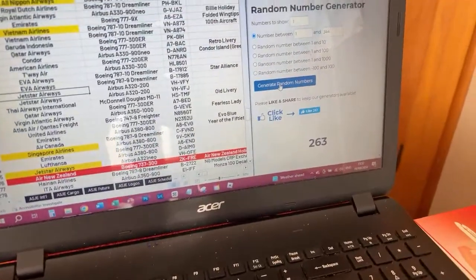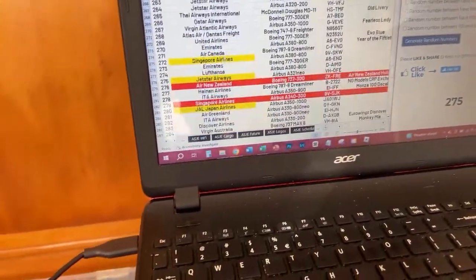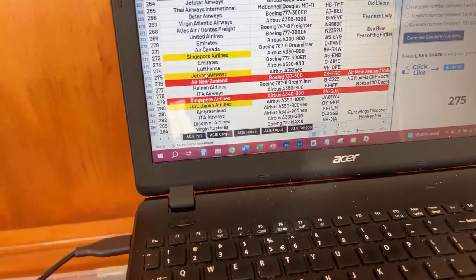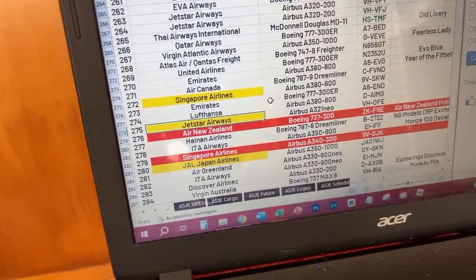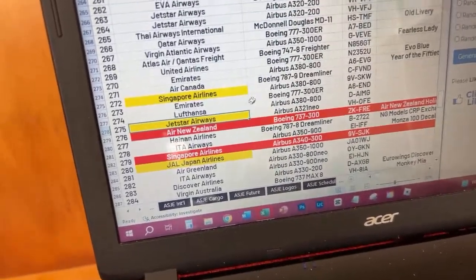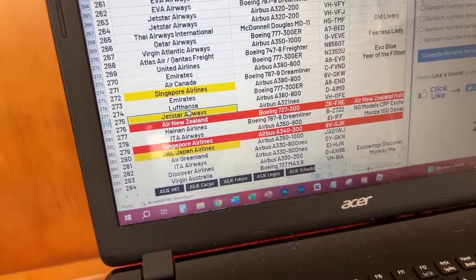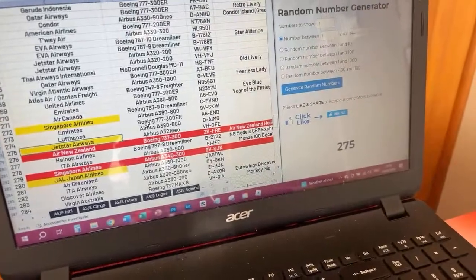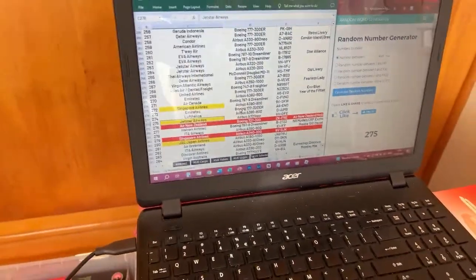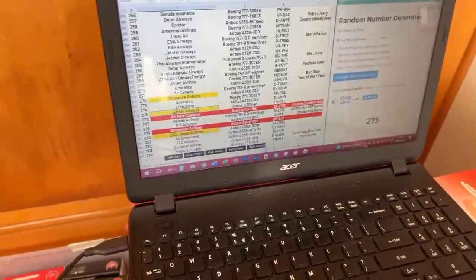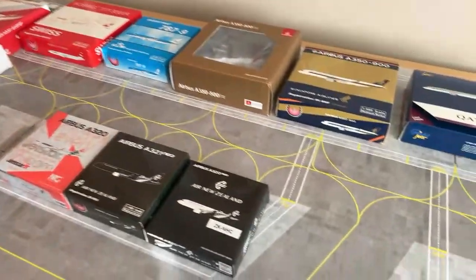So let's go ahead and pick out the next one. 175. It was the Jetstar A321 Neo, but it is in yellow, which means it has been showcased before. But since it is a narrow body, and I don't have many narrow bodies, that is going to be one that I'm going to pick out.